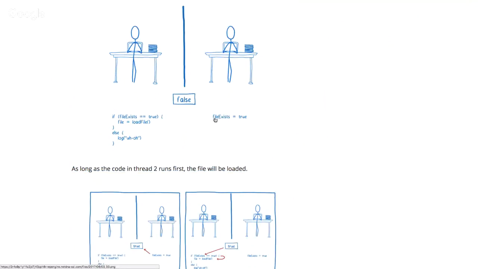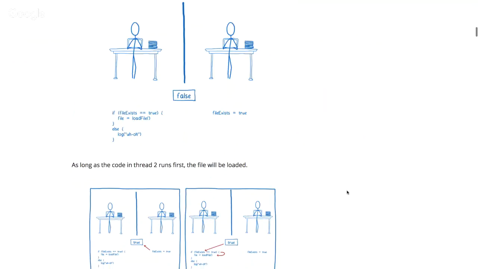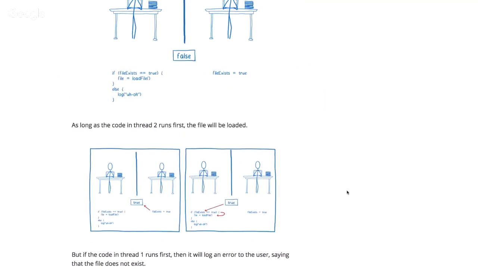So in this case, if web worker 2 or thread 2, the one on the right, executes first, then the code on the left will be able to load the file properly. If someone is trying to access the variable and someone is trying to set it at the same time, there is a race condition.